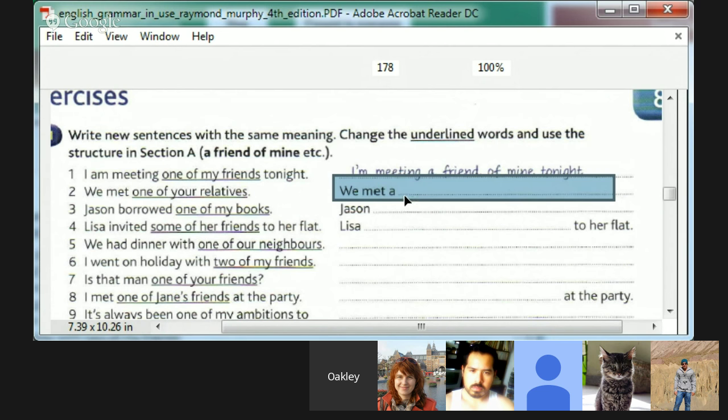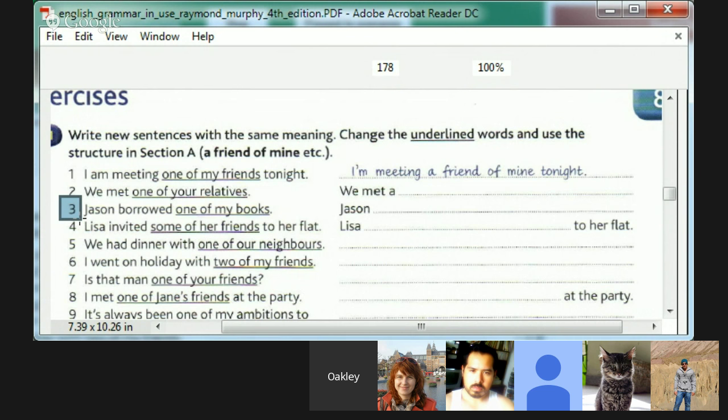We met a relative of yours. Yours, and don't forget the S. Notice, relative of yours. You could say we met your relative, and that would mean the same thing. We met a relative of yours. The S is important.